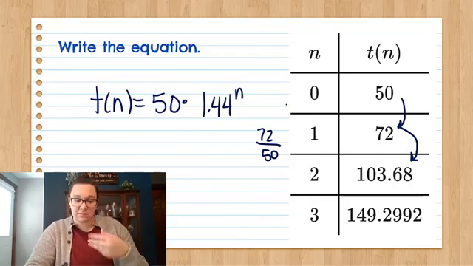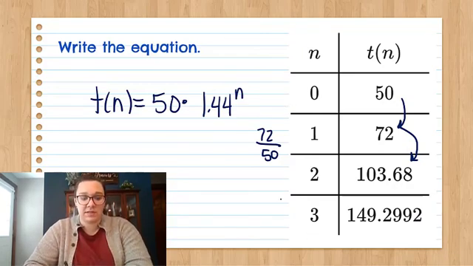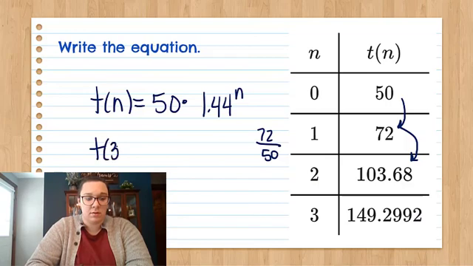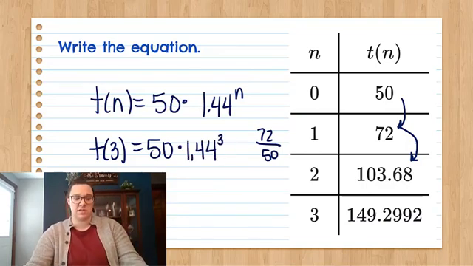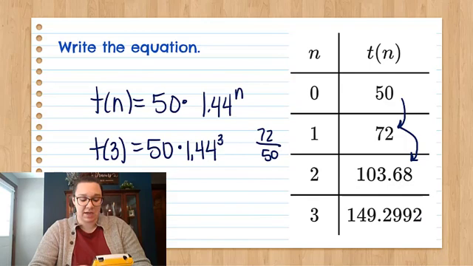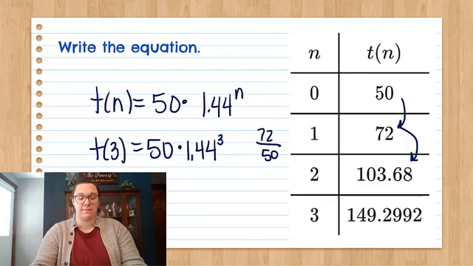We can always check this to make sure we're right. If I were to plug in a 3 to my n, I should get 149.2992. Let's make sure I do. So I'm just going to type it in my calculator like that. 50 times 1.44 to the third. And there it is, 149.2992 exactly.